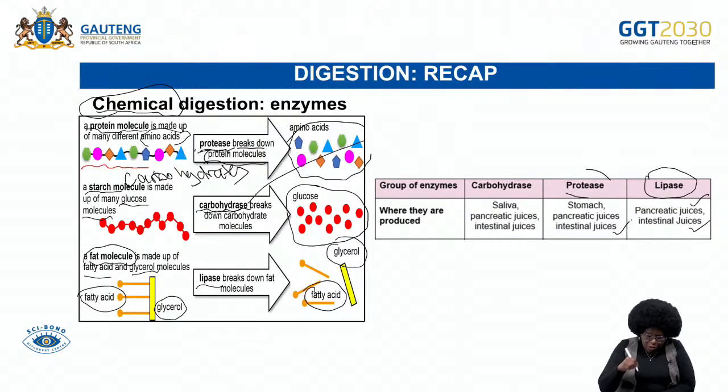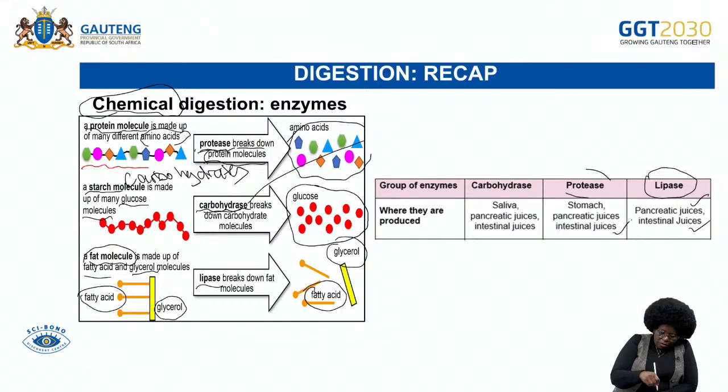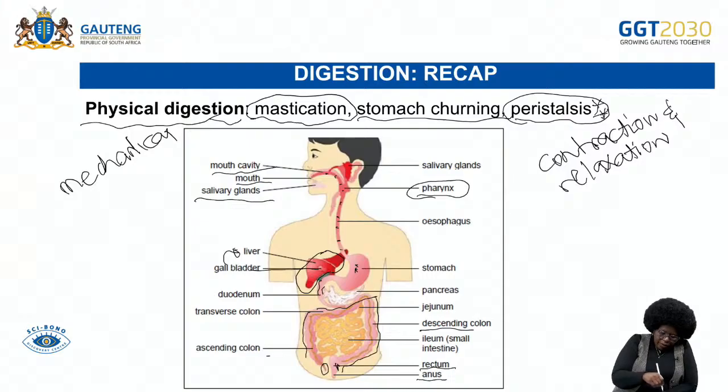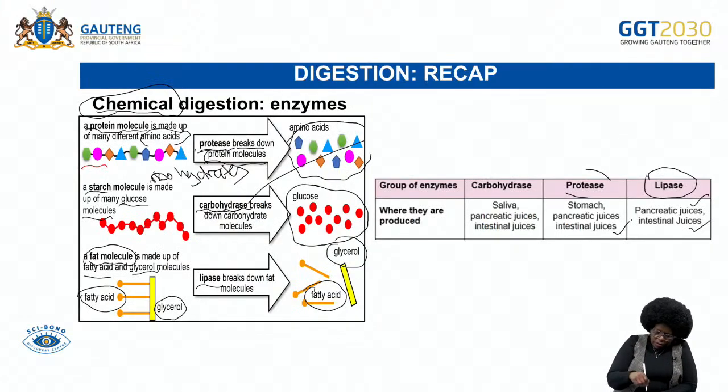Okay, if you get confused with this, you have missed your digestion story, right? Okay, let's quickly get the duster and we erase what is here, what we don't need.